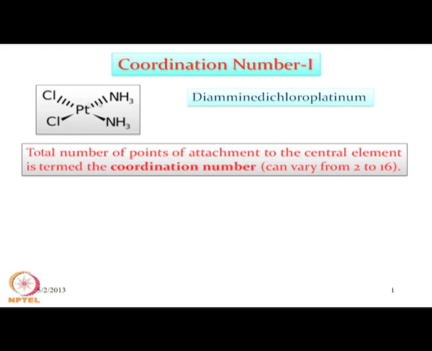Apart from its oxidation state, which we all know, this is platinum attached to 2 neutral ligands and 2 anionic ligands, giving an oxidation state of platinum of +2. So, we get the oxidation state, and next the number of attachments to the center gives us the coordination number, and sometimes we abbreviate it as Cn.